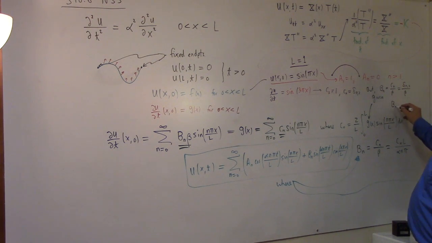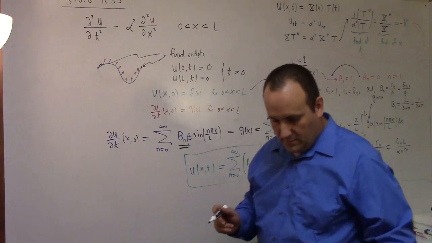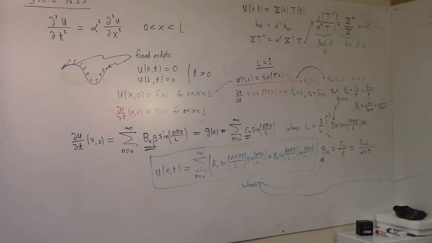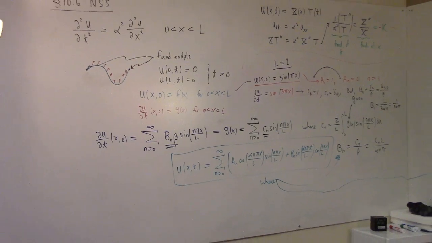So basically we get b1 is equal to, what was beta? I think it's L. So it'd be L over 3 alpha pi, but that would be 1 over 3 alpha pi in our current choice of variables, right? We said L equal to 1 for the sake of convenience. Oops.